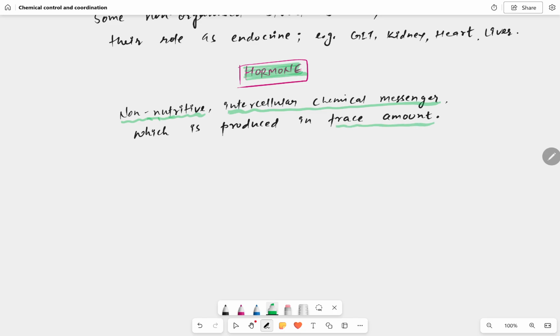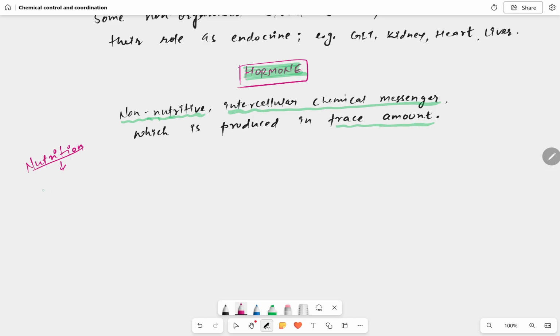A hormone must be non-nutritive, which means after its consumption it will give no energy. Whenever the term nutrition is there, why do we need nutrition?